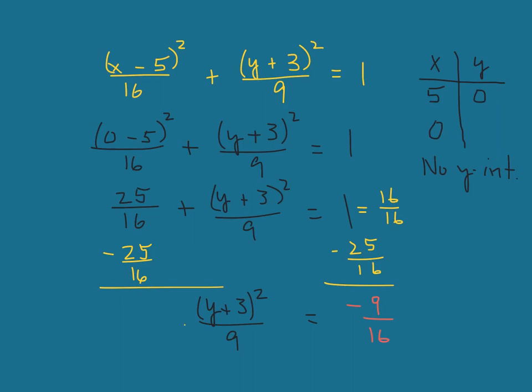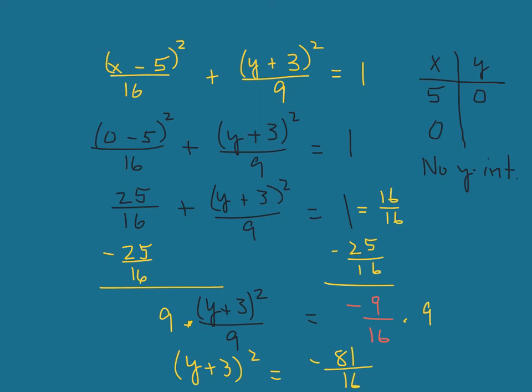So multiplying both sides by 9 here, we would have y plus 3 quantity squared equals negative 81 over 16. Your next step would be to take the square root of both sides.